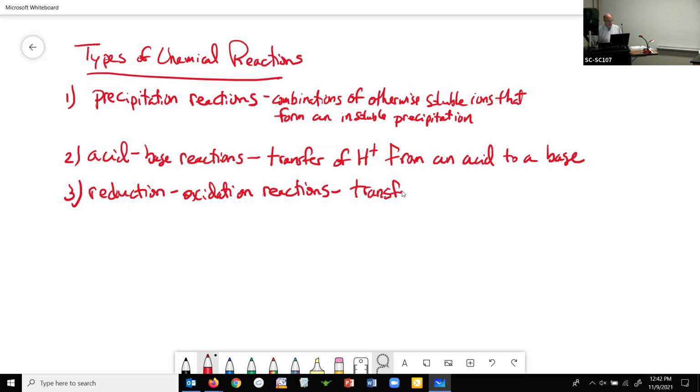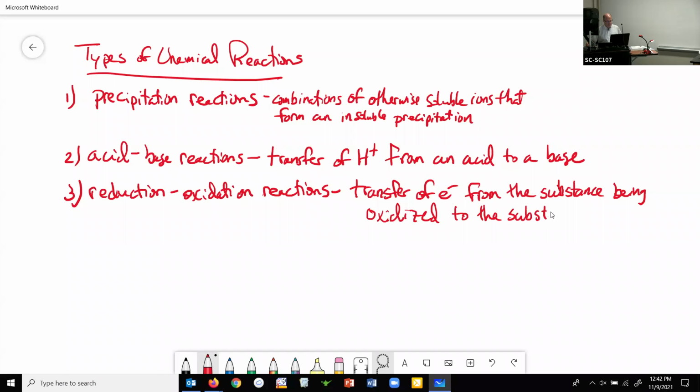These involve the transfer of electrons from the substance being oxidized to the substance being reduced. So one thing loses electrons, another thing gains electrons.